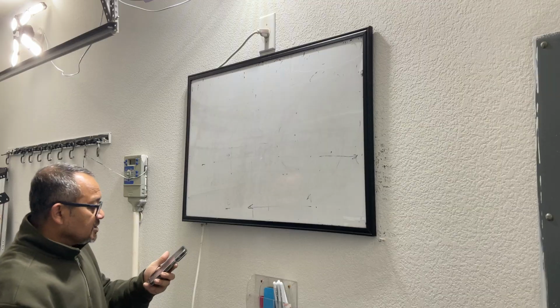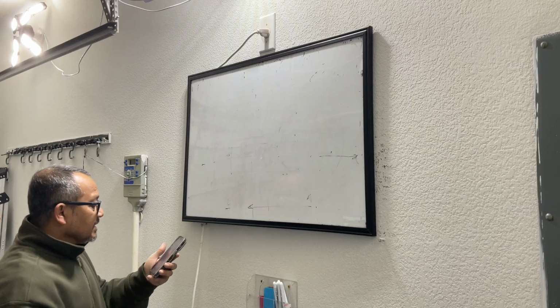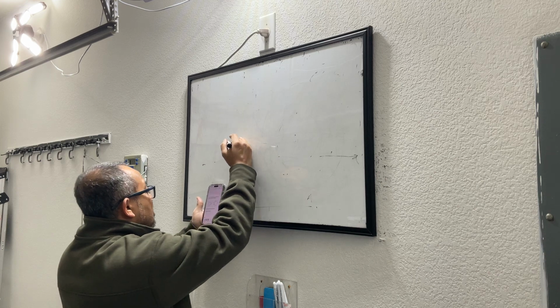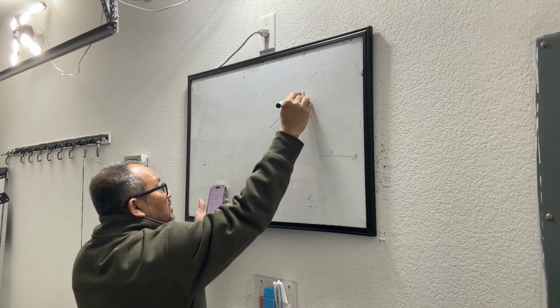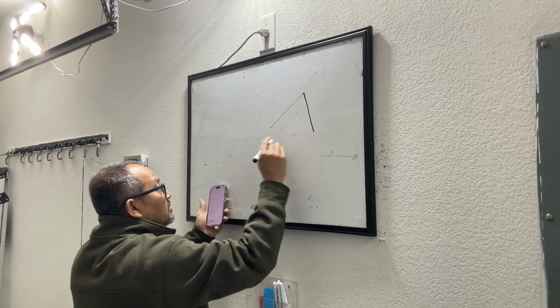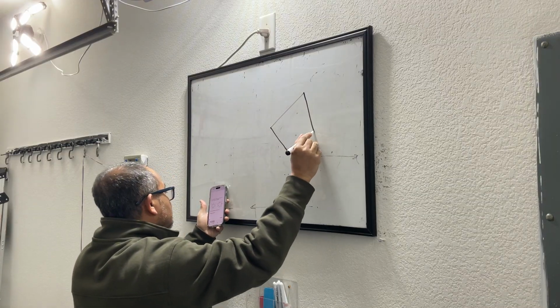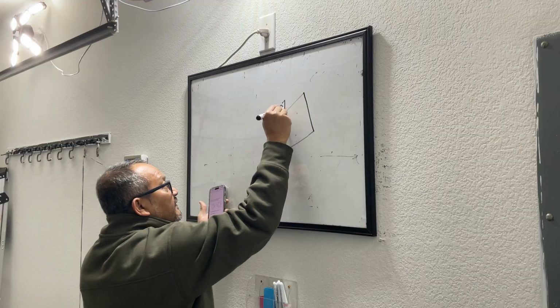Now, there's somebody called Jordan who dilated quadrilateral ABCD to create quadrilateral PQRS. This was 107.9.